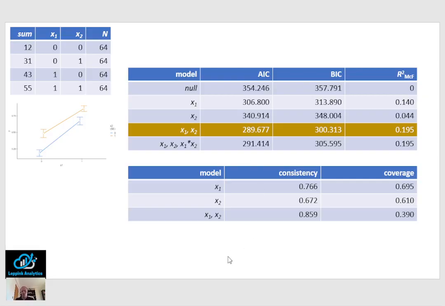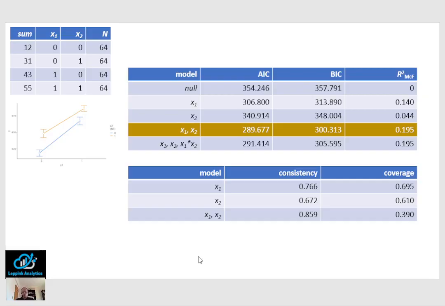So there are 12 plus 31 plus 43 plus 55 successes. Those we need to add. So we have a total of 43 plus 43 is 86 plus 55 is 141. That's the total number of successes.